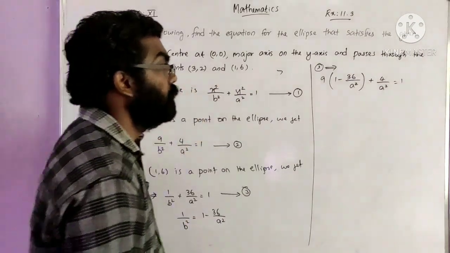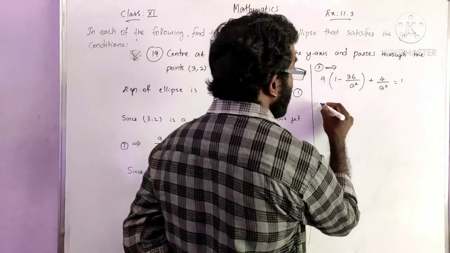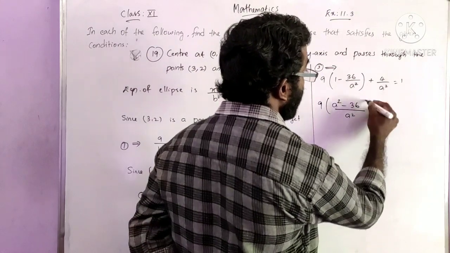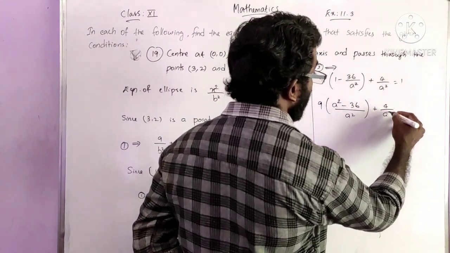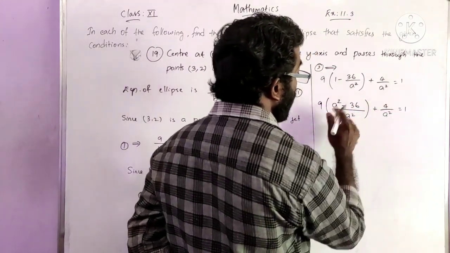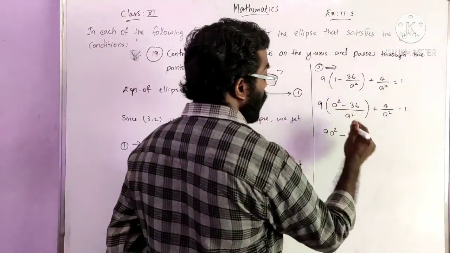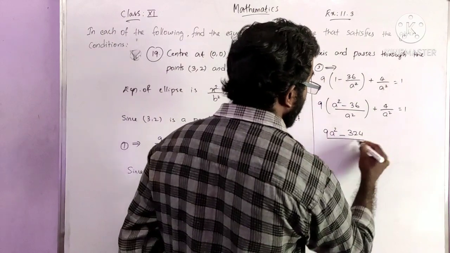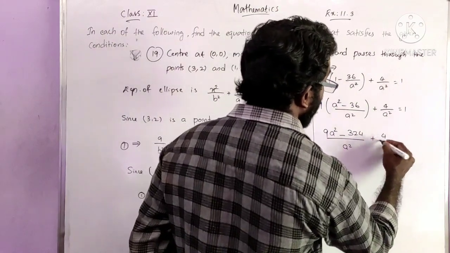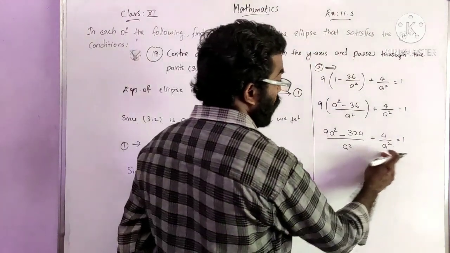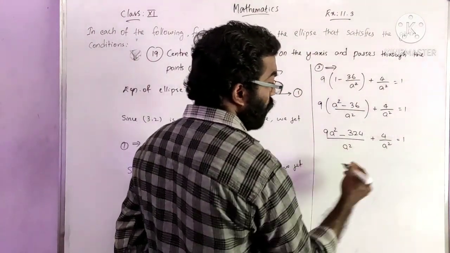Now we can cross multiply this one. 9 into (a square minus 36) divided by a square plus 4 by a square equal to 1. 9 we can multiply: 9 a square minus 36 into 9, 324, divided by a square, plus 4 by a square is equal to 1. Here a square is the common denominator, so we cross multiply.